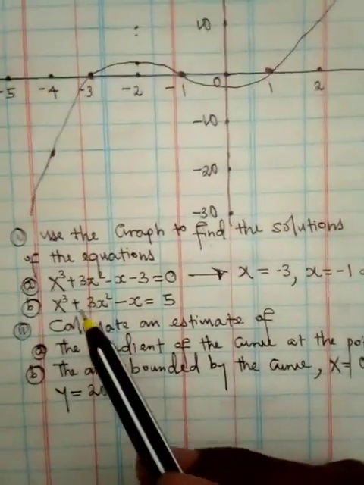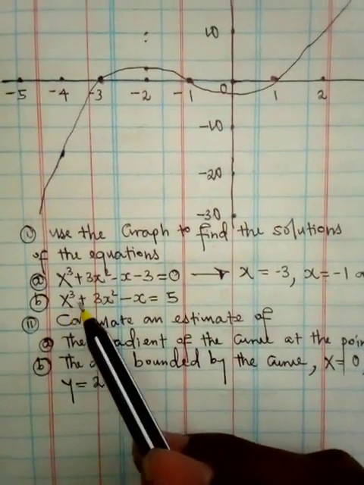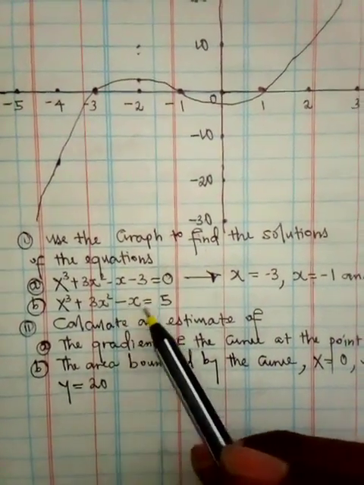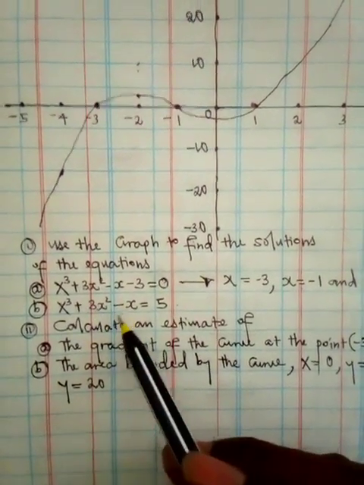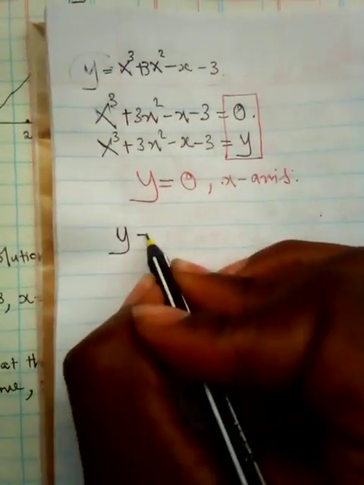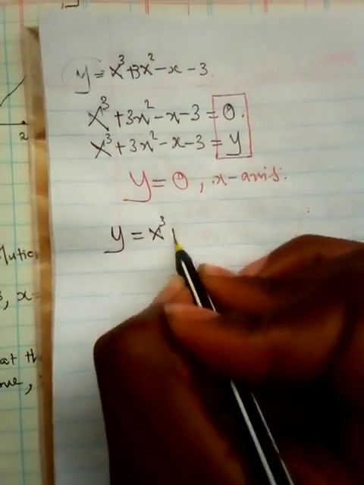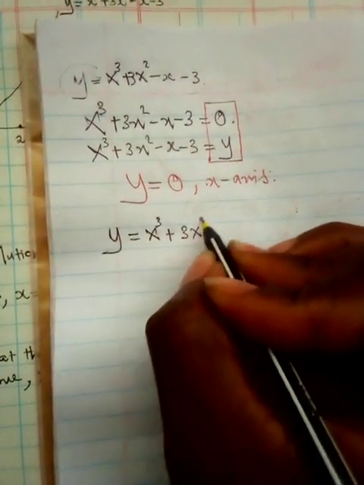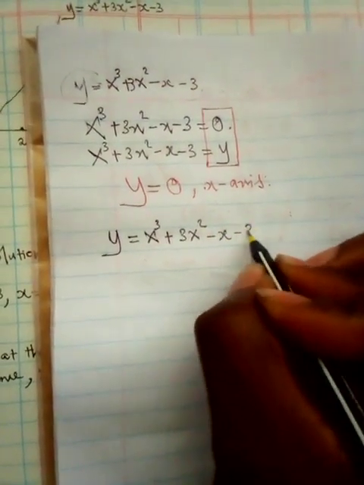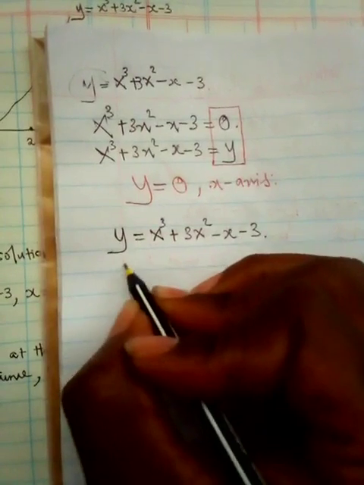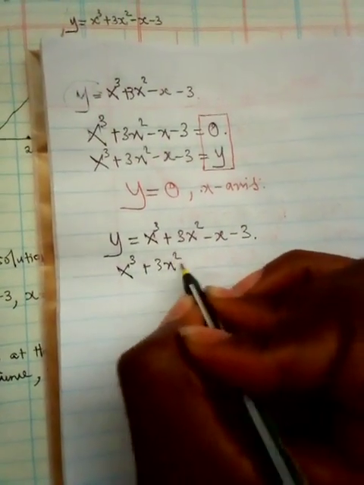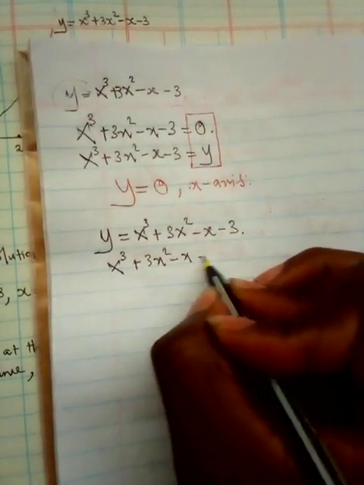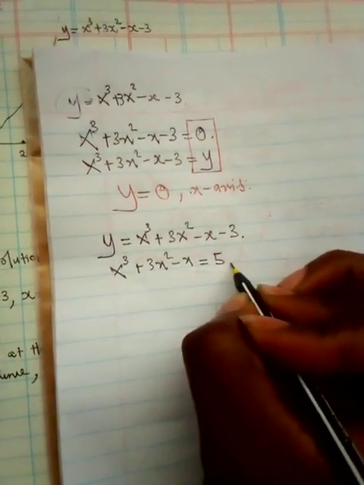The second one that we have been given here is x to the power 3 plus 3x squared minus x is equal to 5. So again, compare. y is equal to x to the power 3 plus 3x squared minus x minus 3, and we have been given x to the power 3 plus 3x squared minus x, and this is equal to 5.